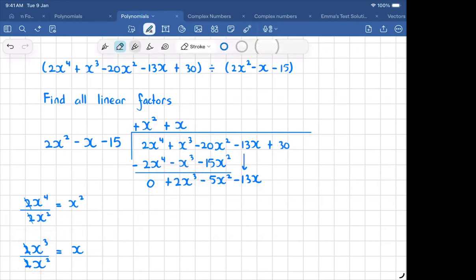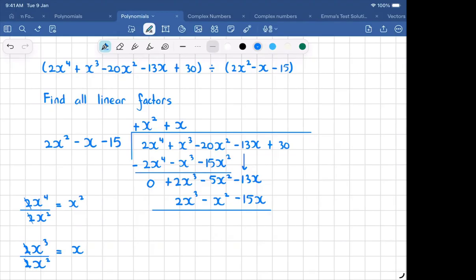You multiply x by the whole divisor, and you would get 2x cubed minus 2x squared minus 15x. Wait, minus 2x squared? Sorry, minus x squared. Right. Minus 15x. What are we going to do next, Avinash?